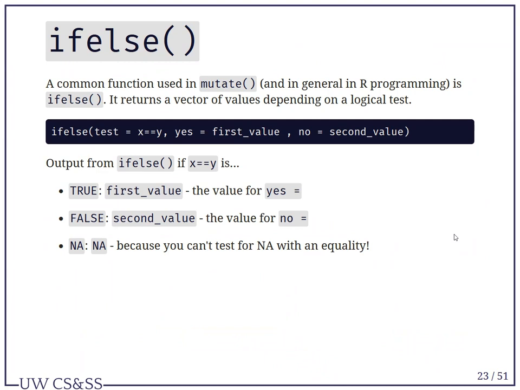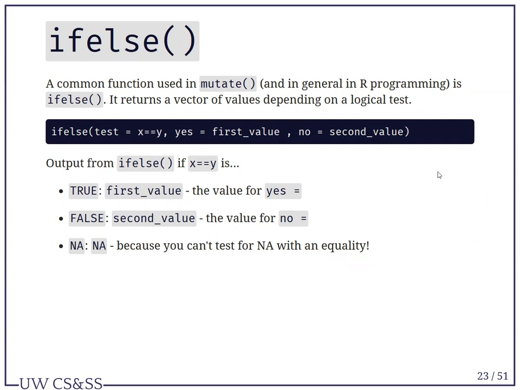The syntax of it is, it'll be like if else, the test, and then to test equals, we'll provide the argument of whatever logical expression we're interested in. And then when this is true, when this is a yes, do the first value, and when it's a no, do the second value. Okay.